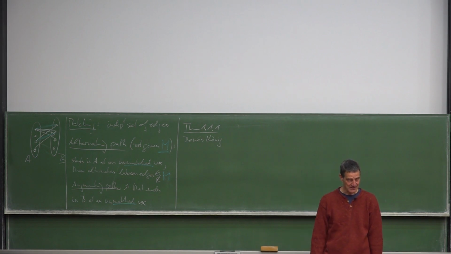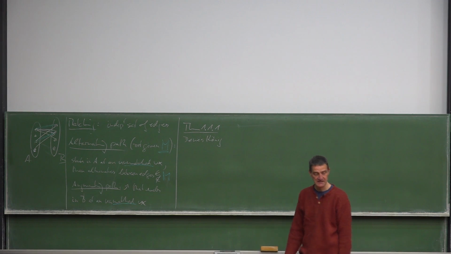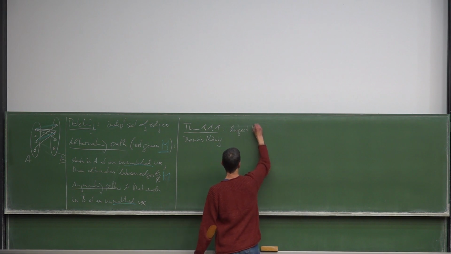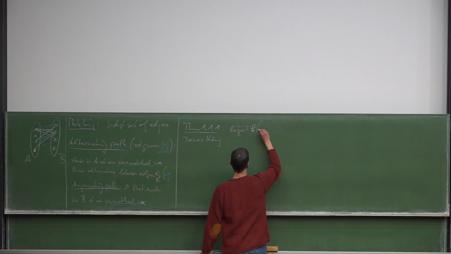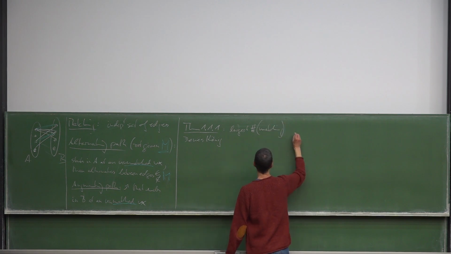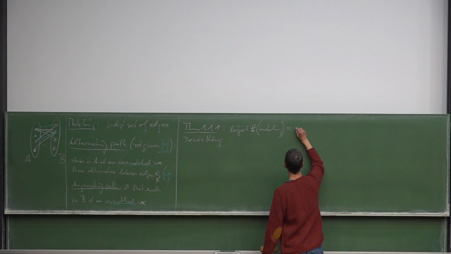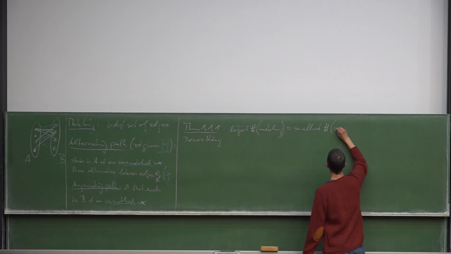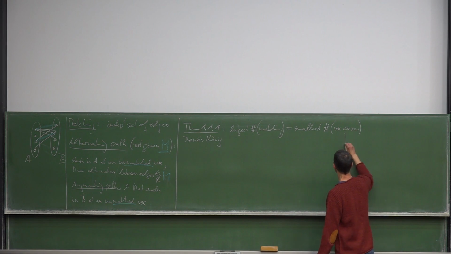So his theorem says that the largest size of a matching in a given graph is equal to the smallest size of a vertex cover. Now, what's a vertex cover?